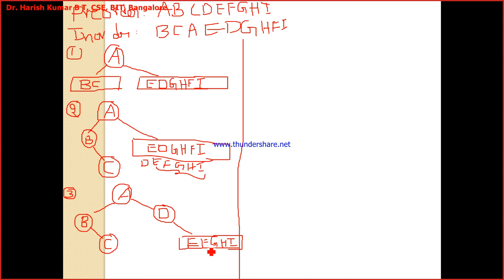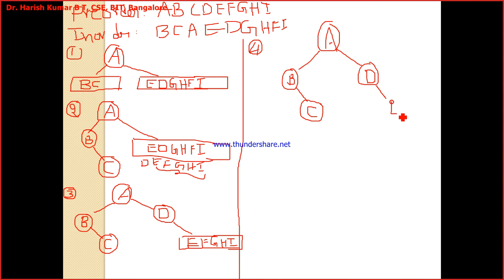So now the next root node for E, F, G, H, I will be the node E. So in the fourth step, I update my tree: A is my root node, and then B, and then D, and then C here. Now the right child of D is E.